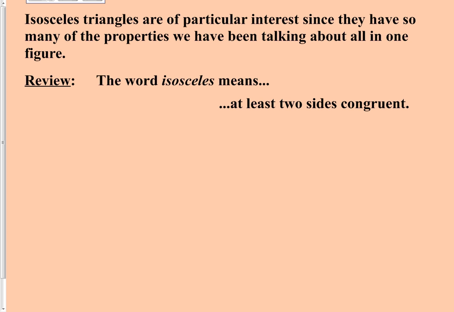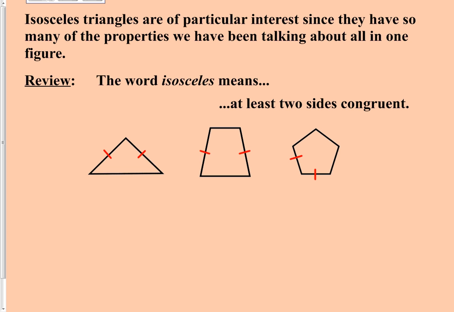And of course, also keep in mind that the term does not apply only to triangles, although that is what we are looking at this unit. Okay, but it also applies to quadrilaterals, pentagons, any type of shape that we might run across can use the term isosceles. We just see it more often in triangles than any other shape.